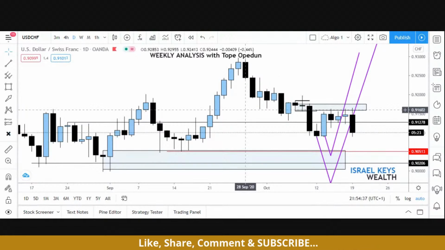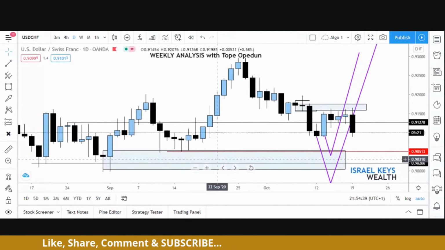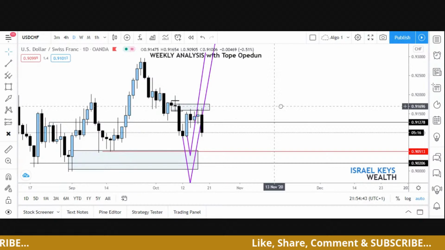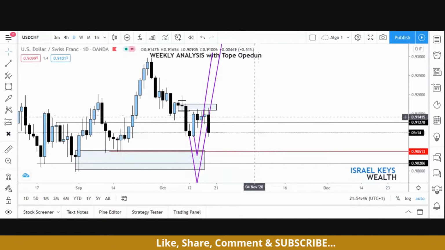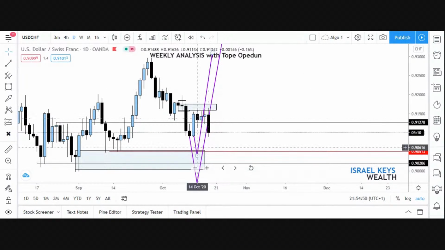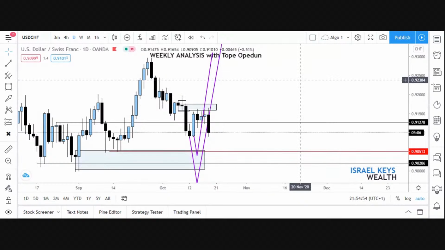That was the idea from last week. But at the moment, we are here, and it looks like price wants to drop into this range before it goes up. And the last one for today.